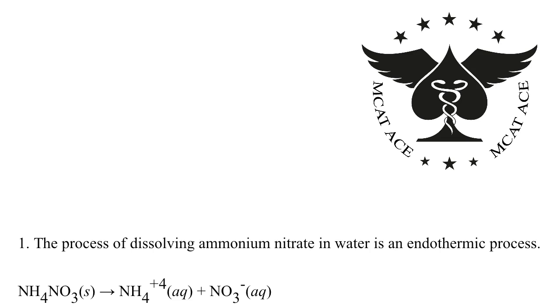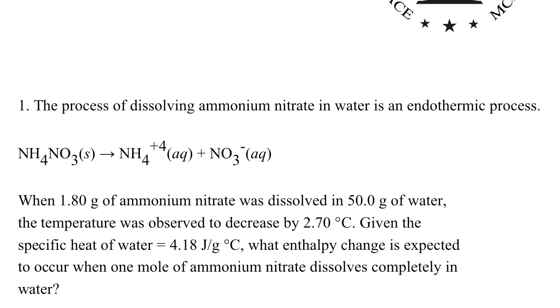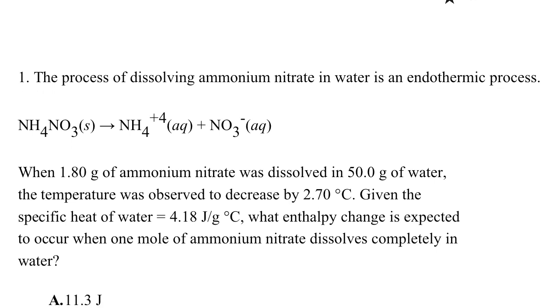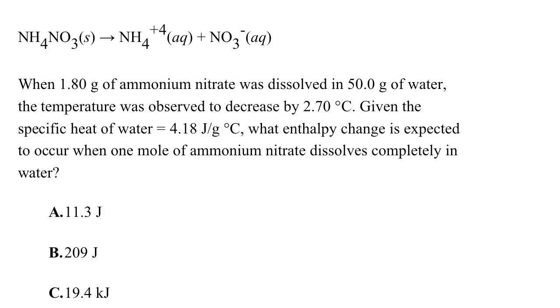So, number 1, the process of dissolving ammonium nitrate in water is an endothermic process, and you see the equation given there. A little more detail. When 1.8 grams of ammonium nitrate was dissolved in 50 grams of water, the temperature was observed to decrease by 2.70.